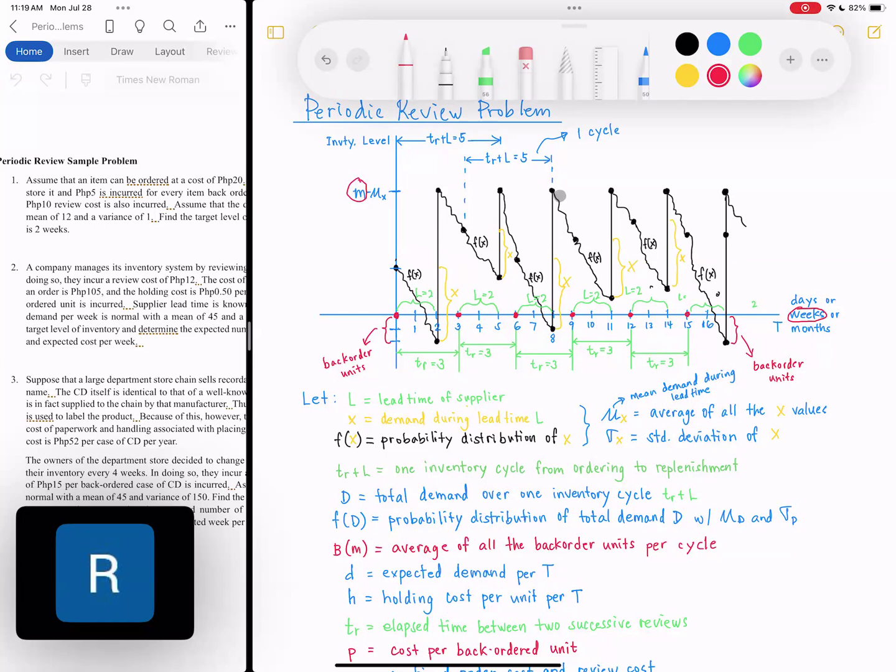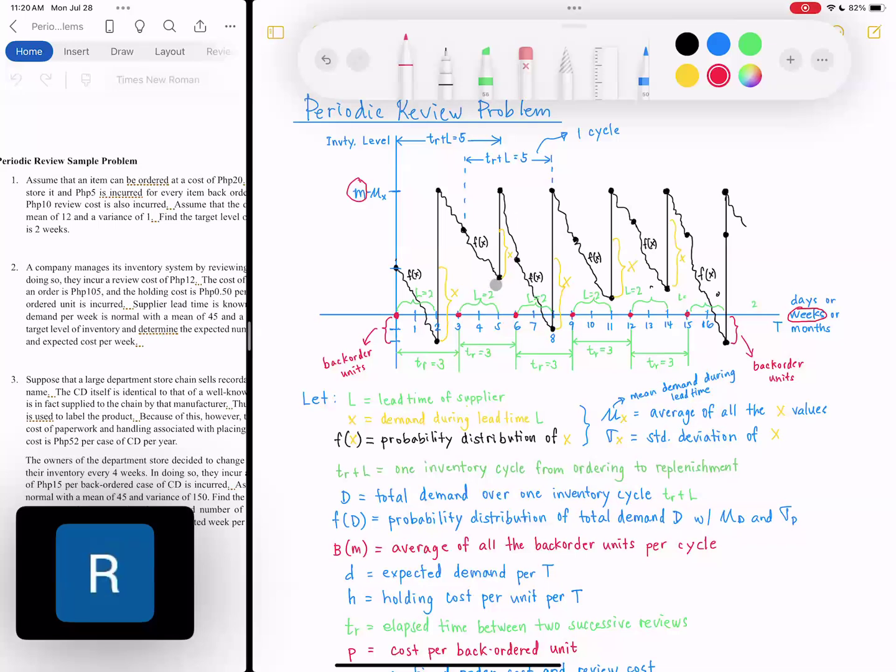It's interesting to note that in different inventory cycles, you may have back order, meaning your inventory level can no longer satisfy the demand during lead time, and therefore you will have back order quantity here. But there are review periods like this one, where you reviewed inventory, this is the level, and this is your demand during lead time, and your inventory level upon review is enough to satisfy it.